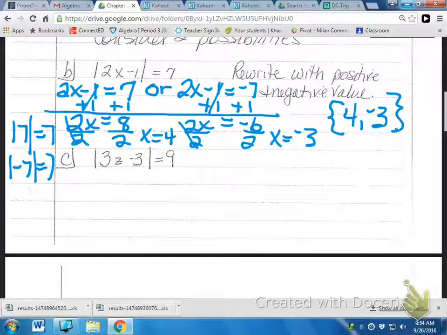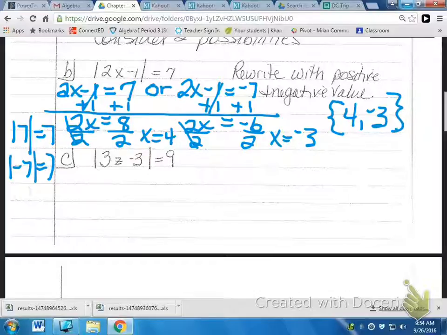That's why you set the inside equal to both of them, because we don't know which one it is. So the inside, the 2x minus 1, could be the same thing as 7, or it could be the same thing as negative 7. It could be either one. We don't know. You have to consider both of them. So in absolute value equations, you're going to have two answers. Okay, you're going to have both. All right, anybody else?